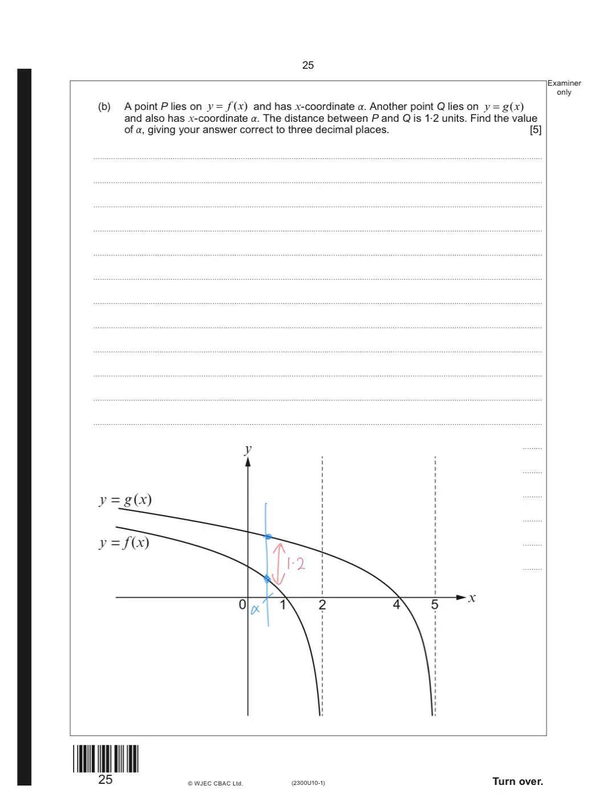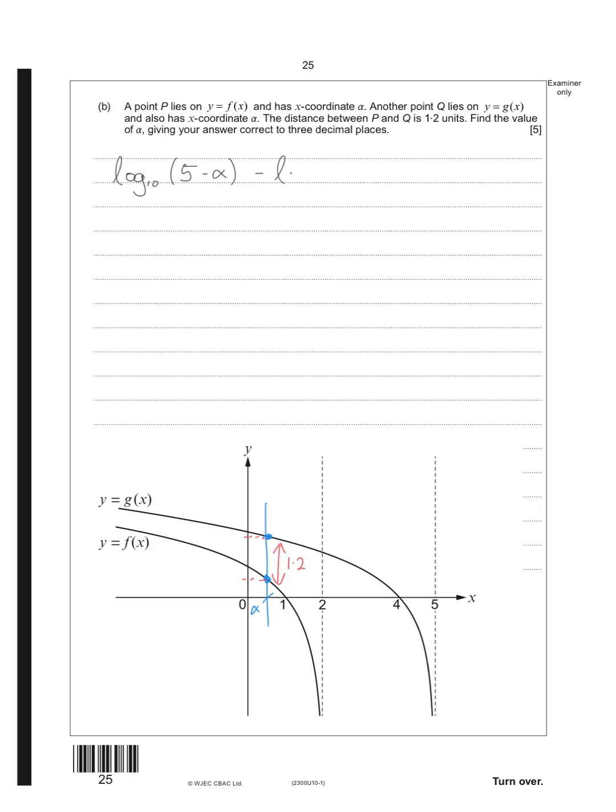So that means this y value here subtracted from that y value there is 1.2, and we know how to work out the y values. For the g of x function, we know it's log to the base 10 of 5 minus your x value.